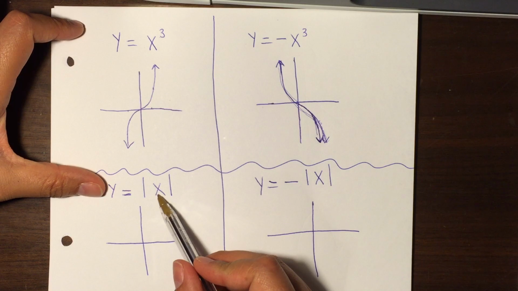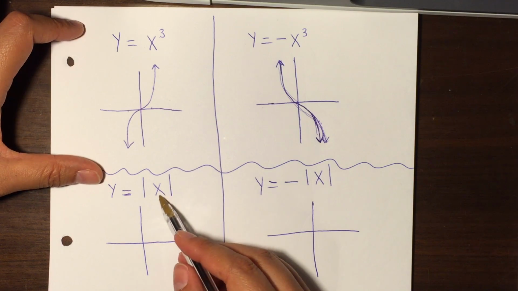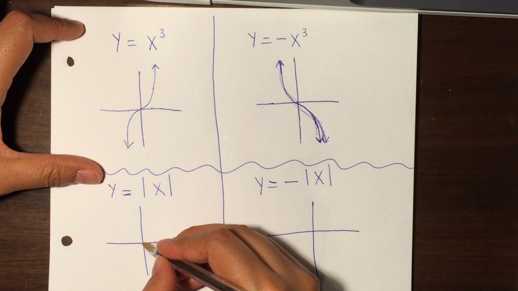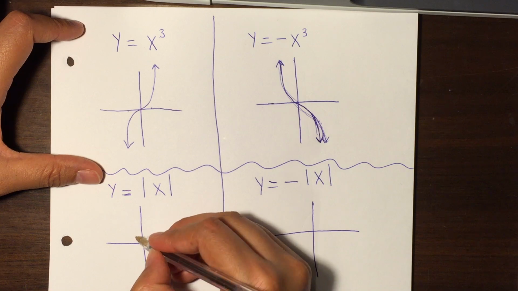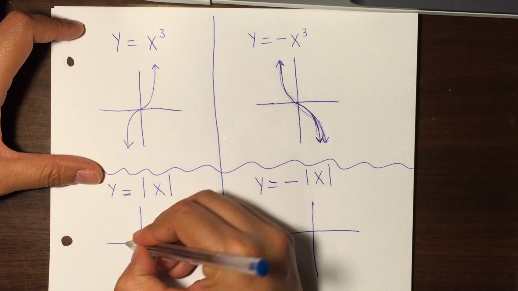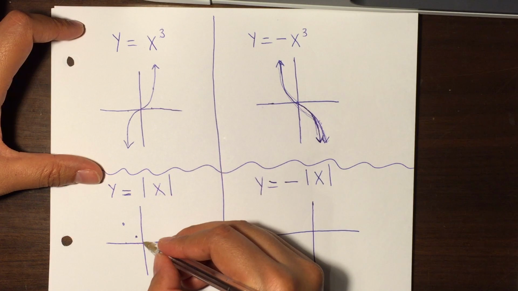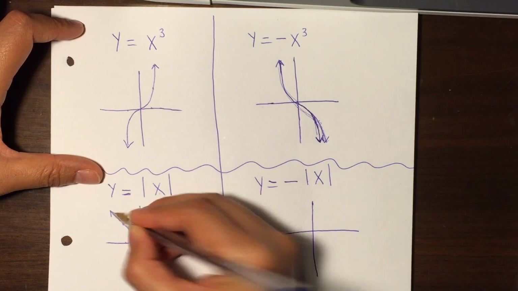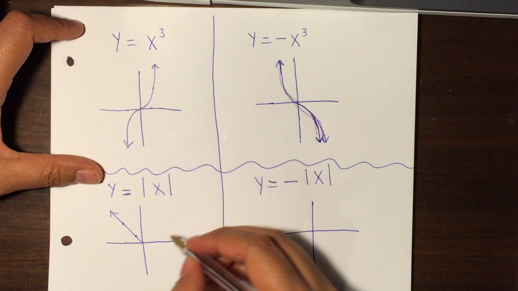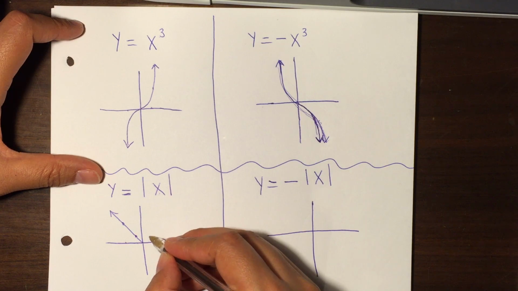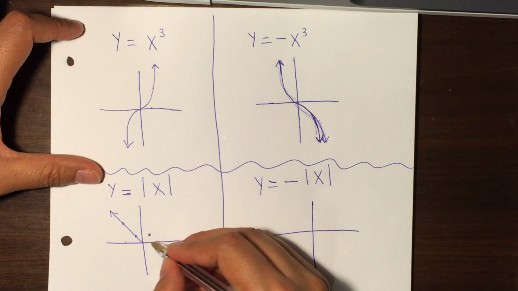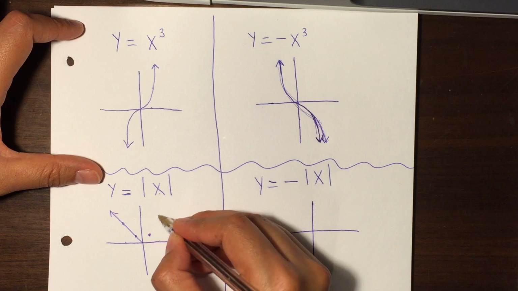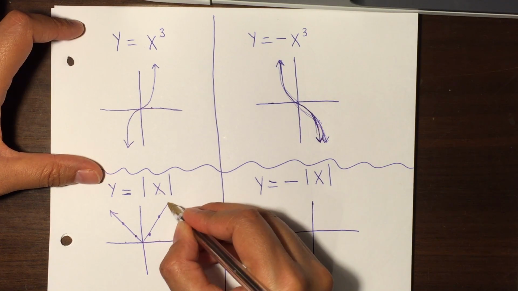Okay, so if we have the absolute value, it means that it will always be positive. So negative 2, positive 2. Negative 4, positive 4. So that will be the path, right? Positive 2 is going to be positive 2. Positive 4 is going to be positive 4. The absolute value is always positive.